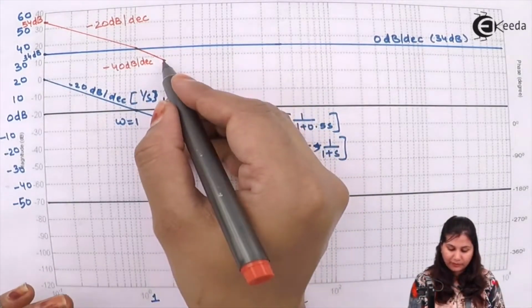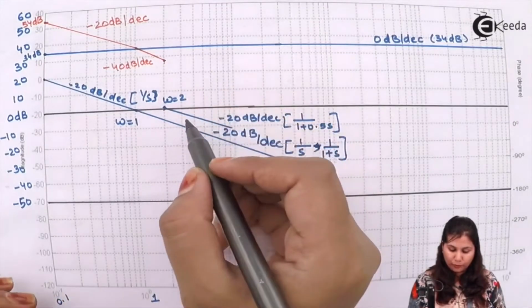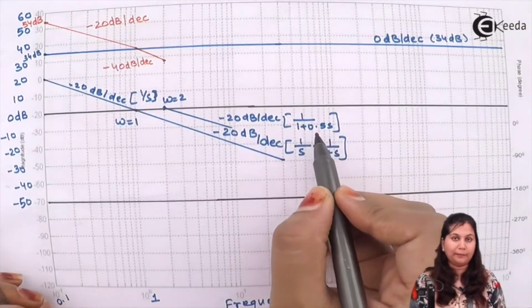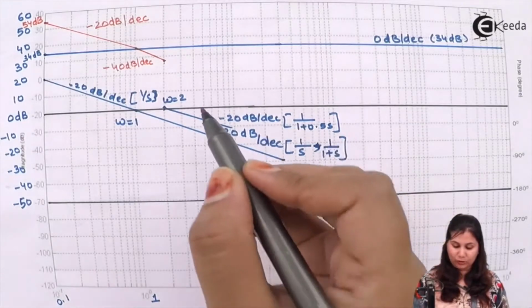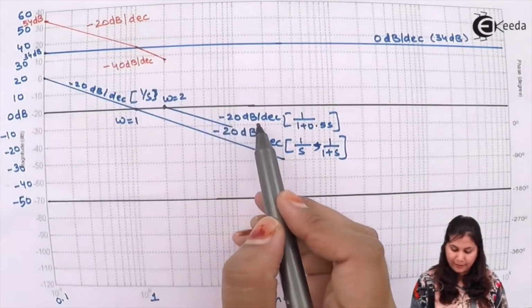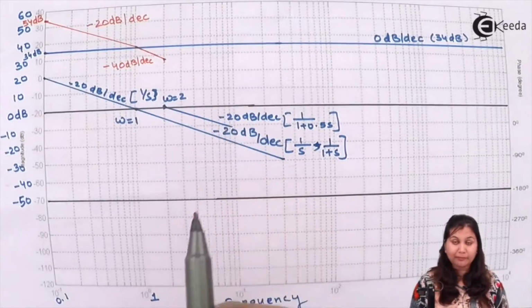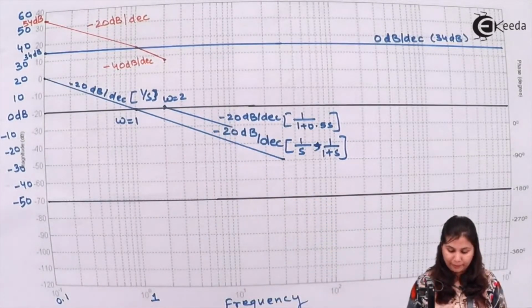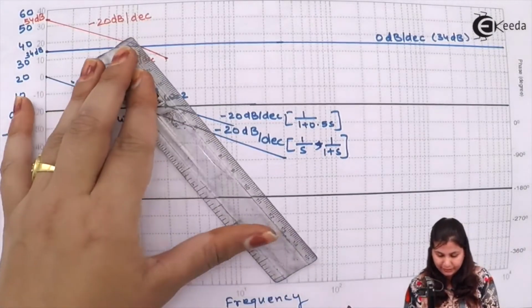Now after this omega equals to 2, the slope due to this factor 1 upon 1 plus 0.5 s is also going to get added. So minus 40 plus minus 20, it will become minus 60 dBs per decade.